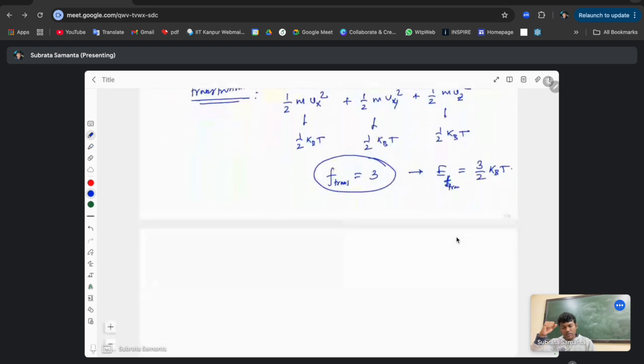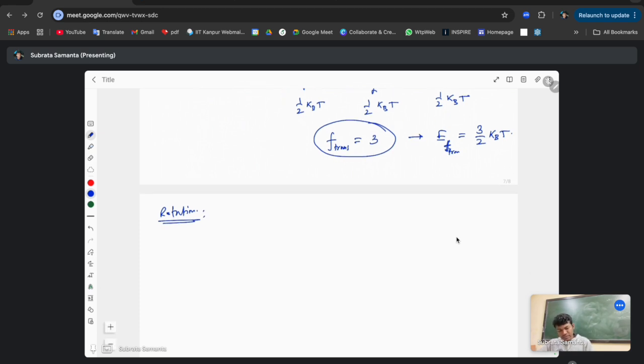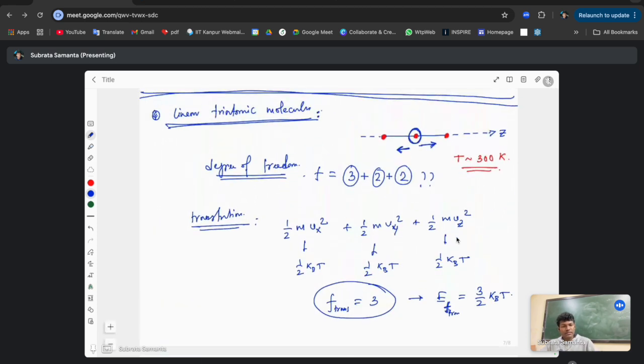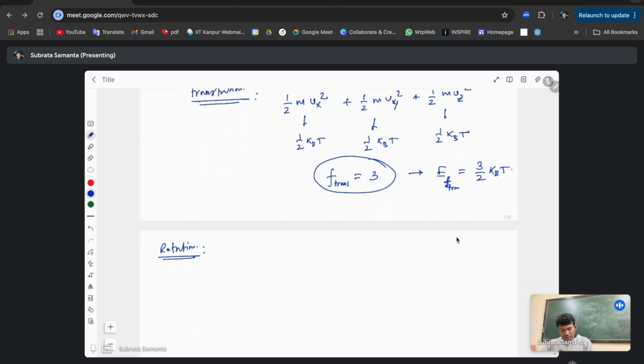Now for rotation, now I am coming to the rotation. For the rotation case, let's say this is the z direction, they can rotate about the x axis, the corresponding kinetic energy half Ix omega x square.